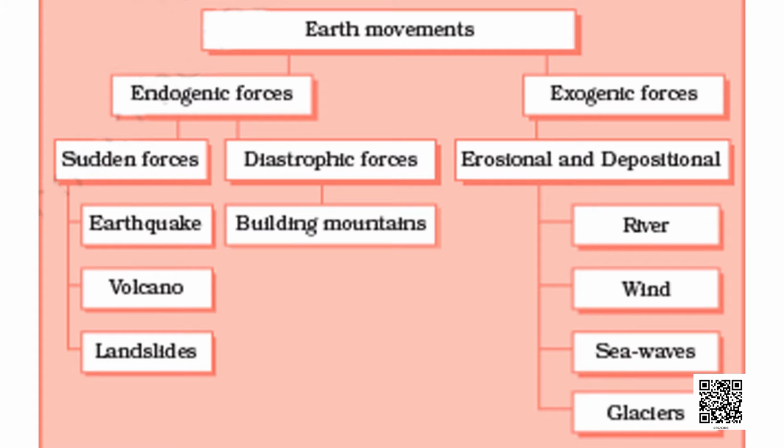Look at the other side of the flowchart. Exogenic forces, erosional and depositional. So, these forces lead to changes in the river, wind, sea waves and glaciers. So, all this pressure makes the landforms.